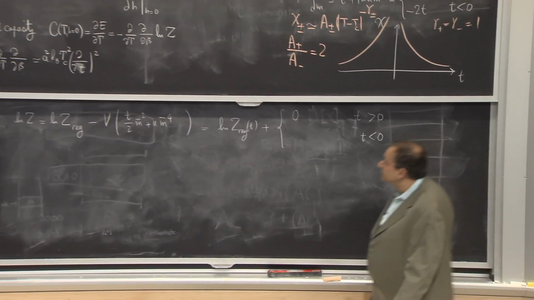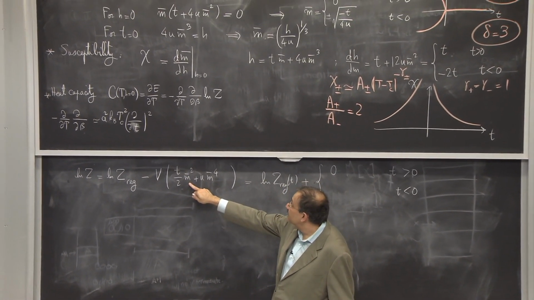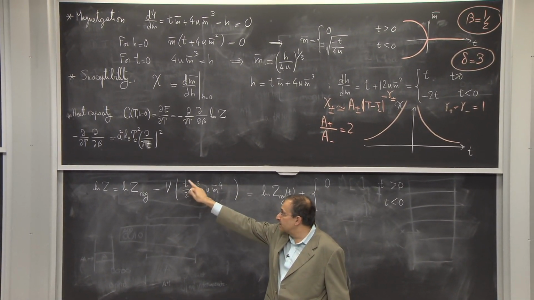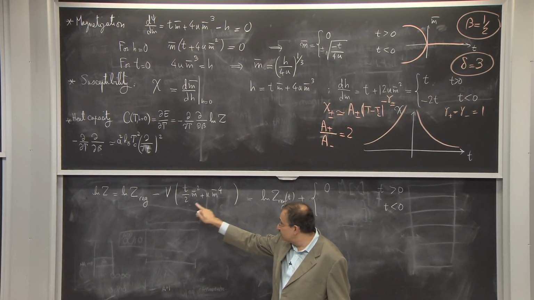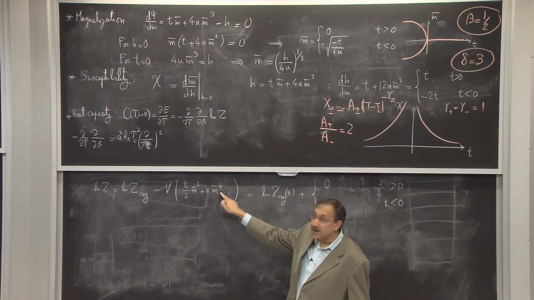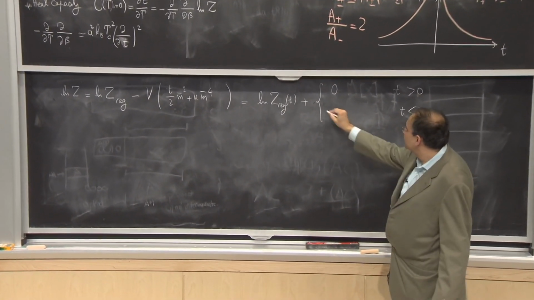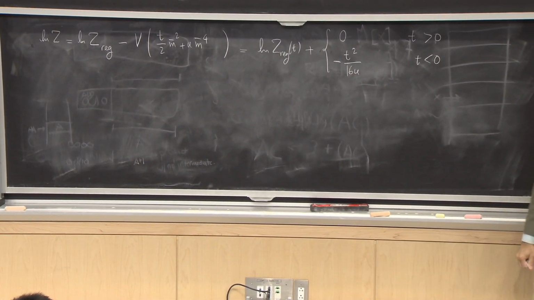So I will get t over 2 times minus t over 4u. That's going to give me minus t squared over 8u. Here I will have, once I substitute that formula, plus t squared over 16u. The overall thing would be minus t squared over 16u.